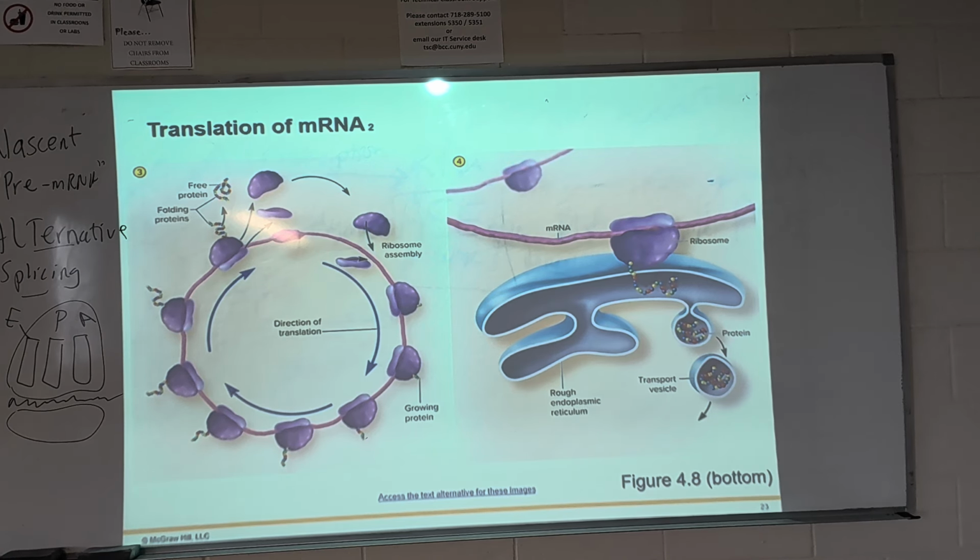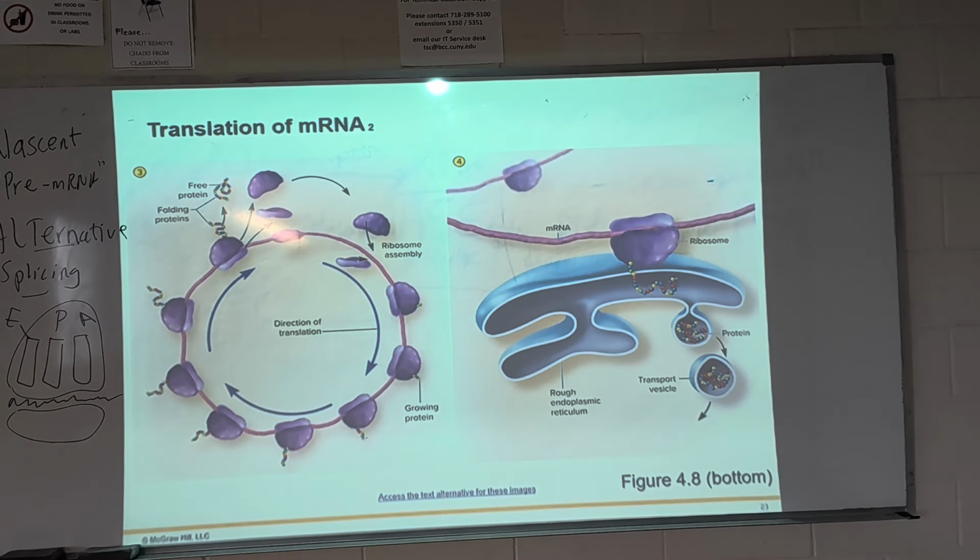Why is that? Why do we have two types of ribosomes? One ribosome free floating and one ribosome on the endoplasmic reticulum. Yes? The free floating ribosomes, well, think about it this way. Whether you are a free floating ribosome or you are a ribosome that is bound to the rough endoplasmic reticulum, at the end of the day, you are a ribosome.